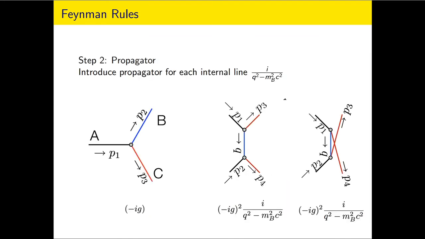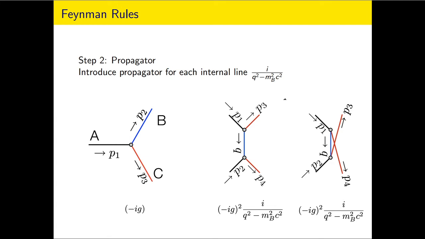Propagator, for each internal line. For the first diagram, we don't have an internal line, but for the next two, we have internal lines. For each of those internal lines, we add a propagator of the value i over q squared minus m_b squared c squared. We have to notice that q is the internal momentum, but q squared should not be equal to m_b squared c squared, because then the equation will go haywire.